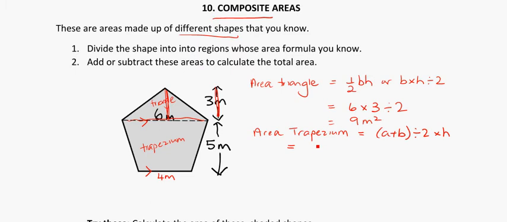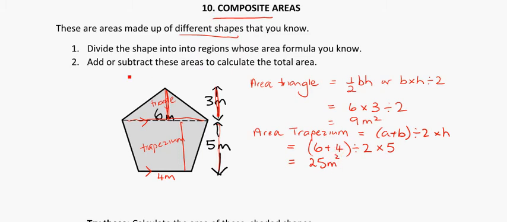So our parallel sides are 6 plus 4, and you average them or divide them by 2. You then multiply them by the height. Now this time the height is 5. That's the height between the parallel sides. And work that out on your calculator or in your head, and you get 25 meters squared.